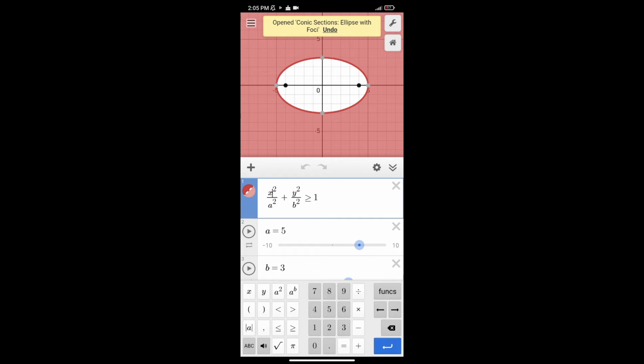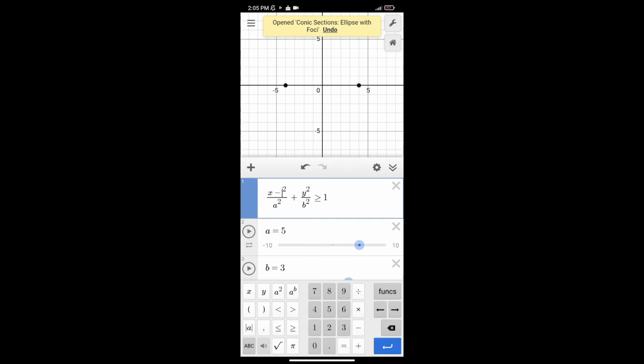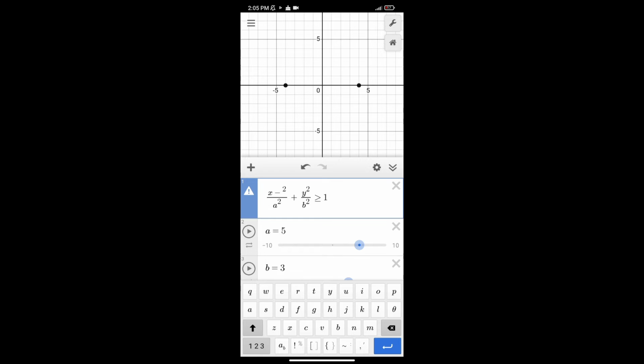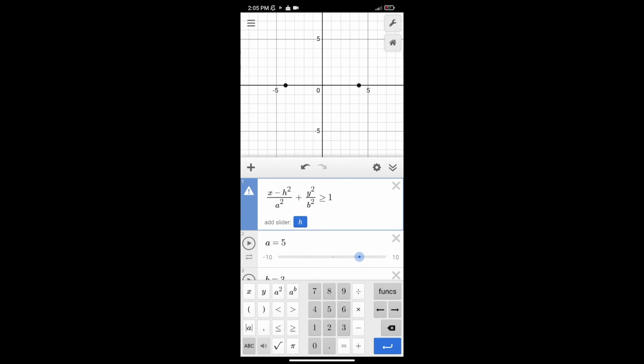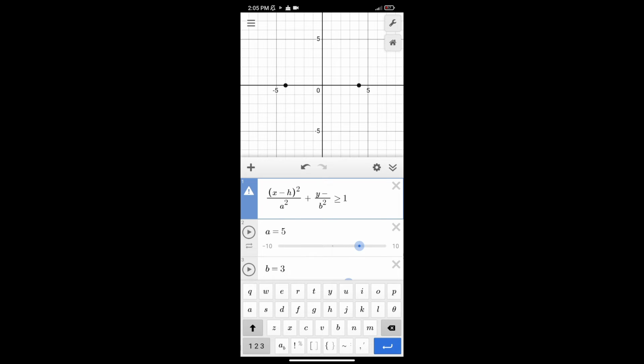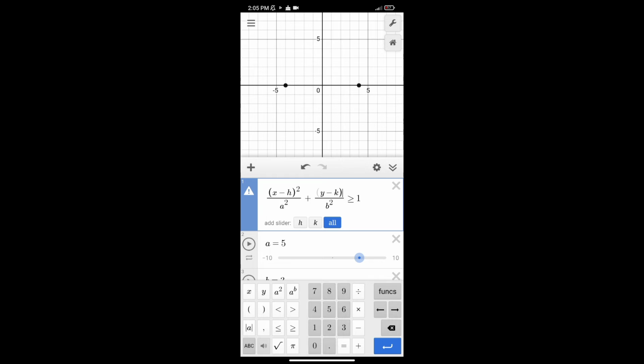After that, change the standard form to a horizontal ellipse standard form, because we are graphing a horizontal ellipse with a center at h and k. Put a slider for h and k for their values.